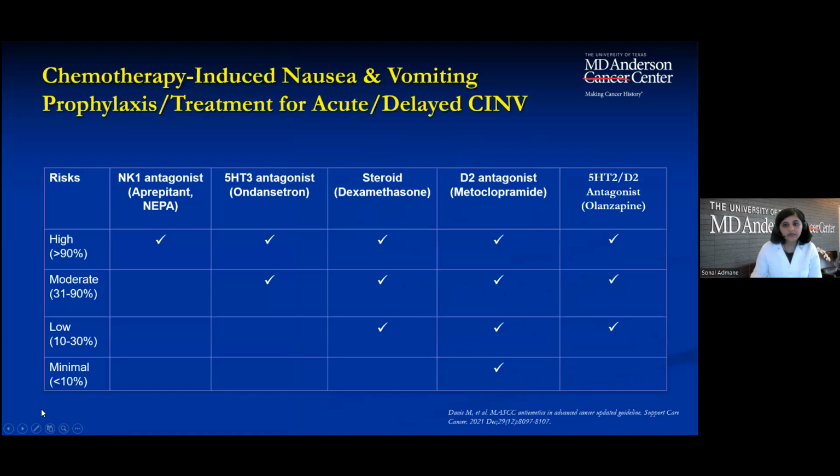This is the table and the guidance from the MASC Society. And as you can see, for highly emetogenic chemotherapy agents, we use either a 3-drug regimen or a 4-drug regimen, and these include the NK1 receptor antagonists, 5-HT3 antagonists, dexamethasone, metoclopramide, and nowadays olanzapine is added to most regimens and has shown statistically significant reductions in nausea and vomiting.